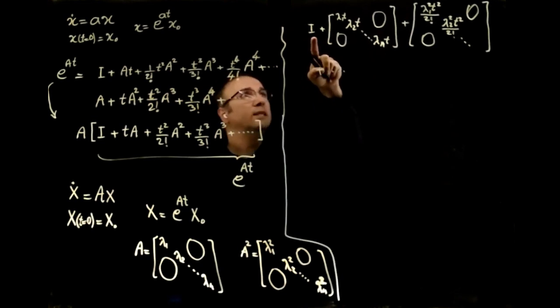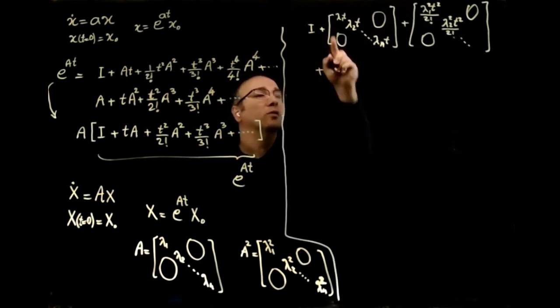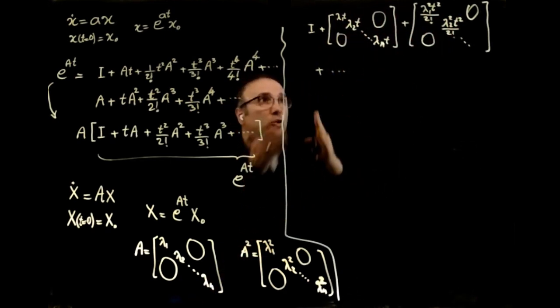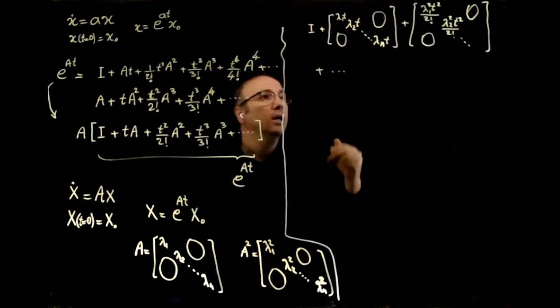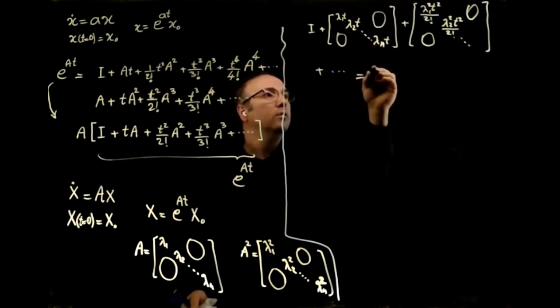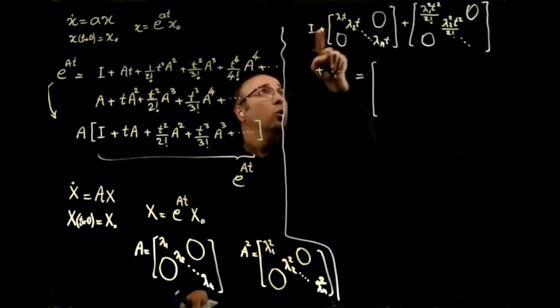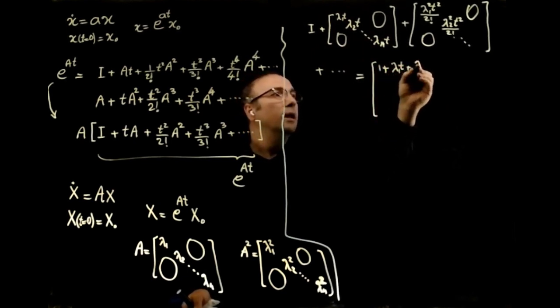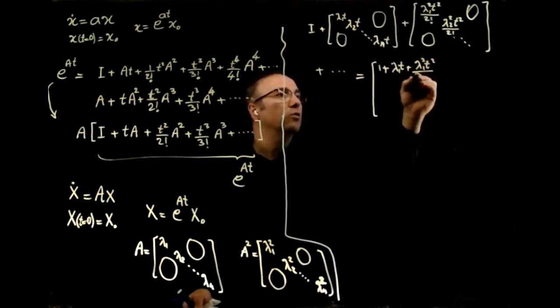So we can see that if we add all these relative terms with matrix addition, then I would have 1 plus lambda 1 t plus lambda 1 squared t squared over 2 factorial plus all the other terms.